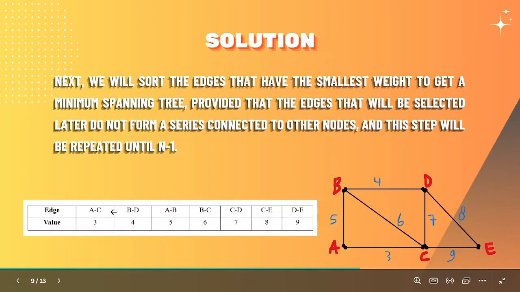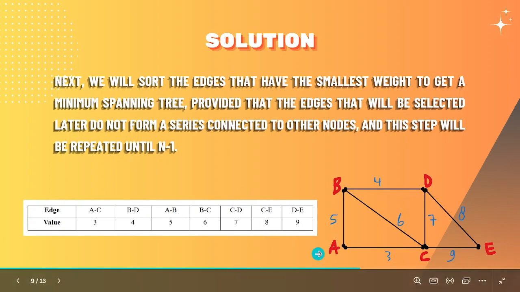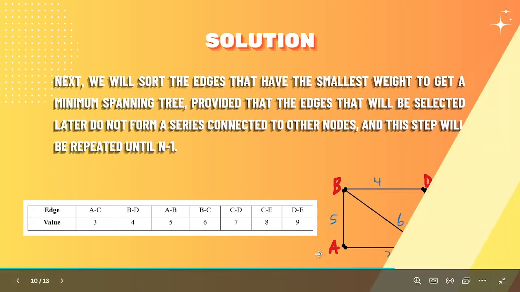So next we will select the edges that have the smallest weight to get a minimum spanning tree, provided that the edges selected later do not form a cycle connected to the other nodes, and this step will be repeated until n-1 edges. So like this on the presentation.